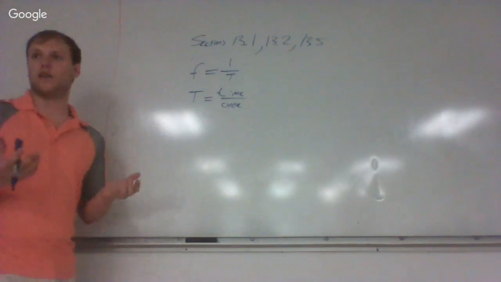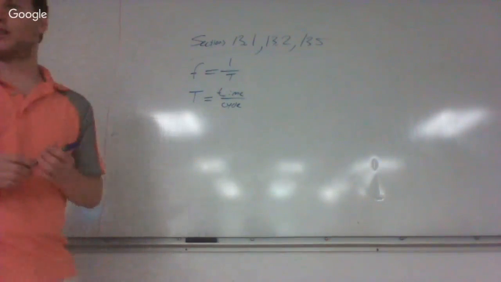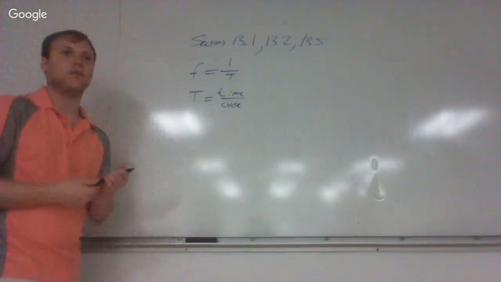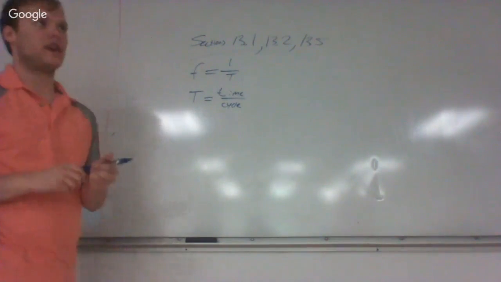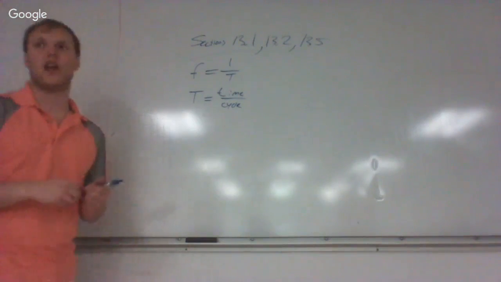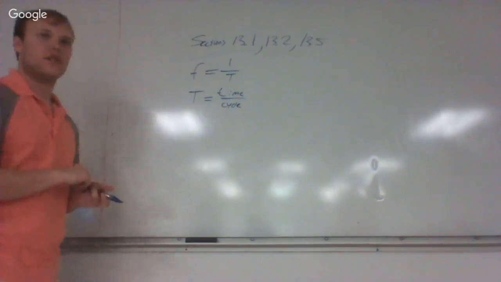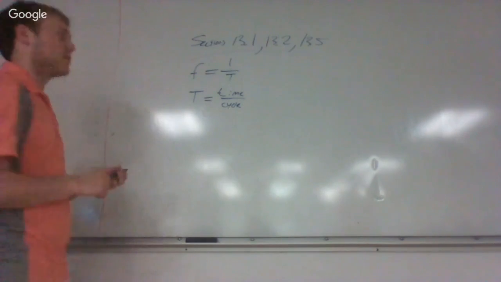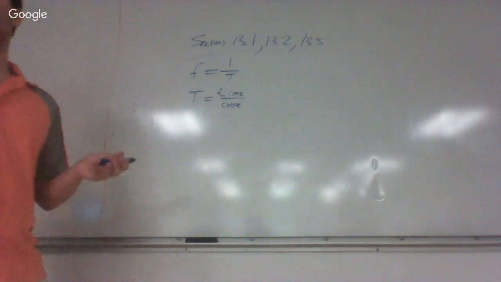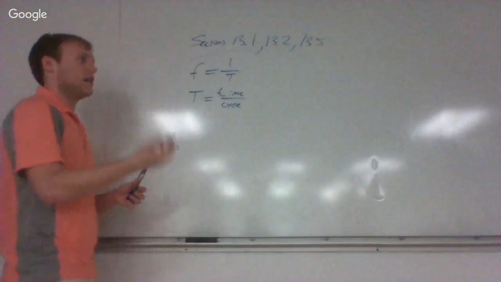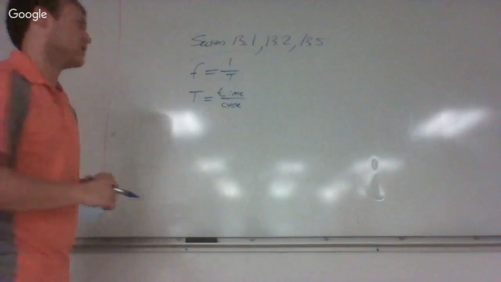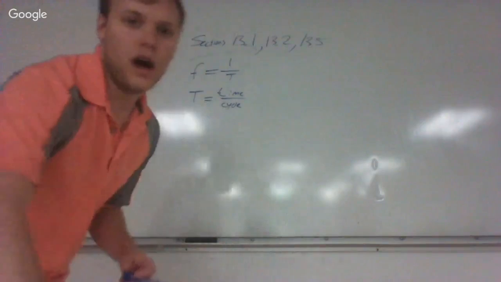That's what the period is, okay? This might show up on your test in some way, like you might be given certain information and you have to use the period. People kind of overlook this because it's not a true equation, but it is still something. So again, the period is the amount of time it takes to do 1 cycle. All right, so that's okay.